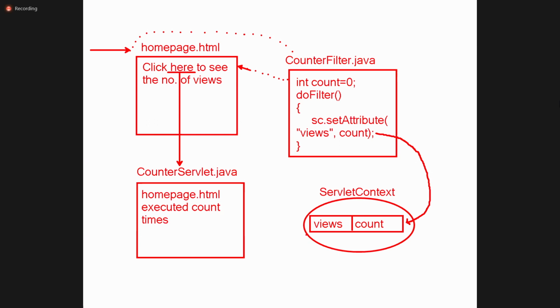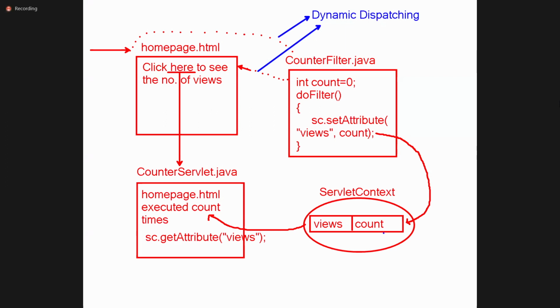This count I'll retrieve using servletContext.getAttribute views. Like this, I'll write. Now this is called dynamic dispatching. This is called the dynamic dispatching concept.